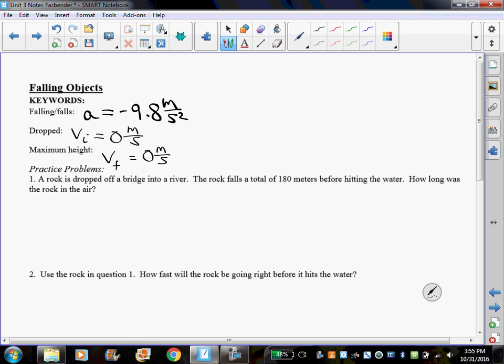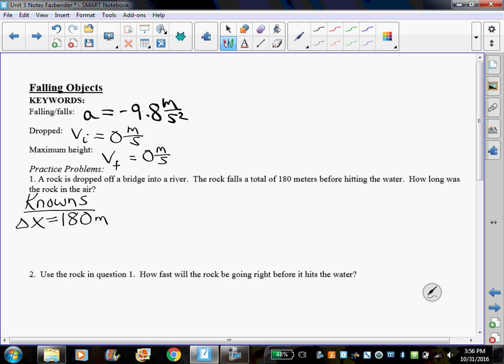A rock is dropped off a bridge and into a river. The rock falls a total of 180 meters before hitting the water. How long was the rock in the air? So as we write out this knowns table, we see that we are going to fall a total of 180 meters. And really, that's the only number that's given to us in this problem statement.